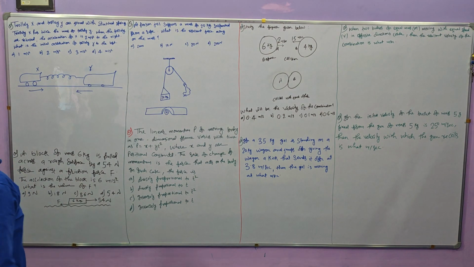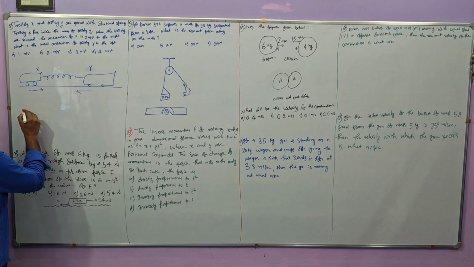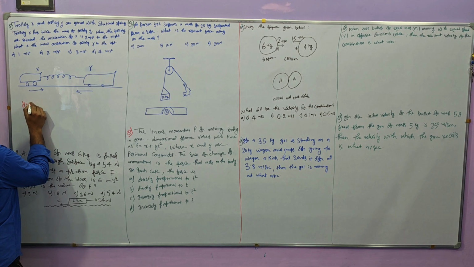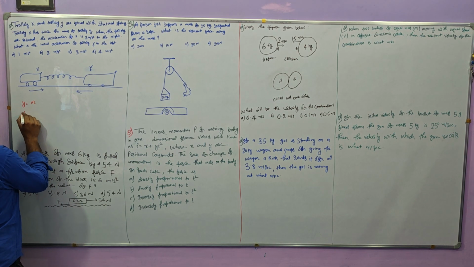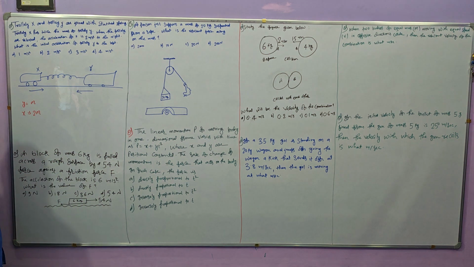In the first question, trolley X and trolley Y are joined with a stretched spring. Trolley X has twice the mass of trolley Y. So let trolley Y have a mass m, then trolley X has a mass 2m.